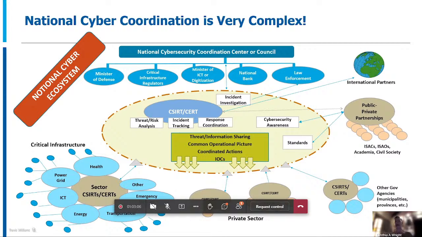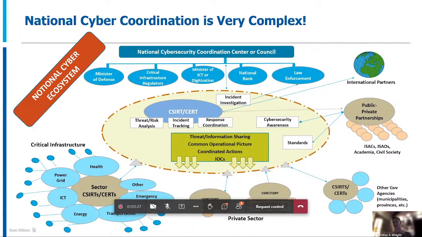Up at the top, we have some sort of a national cybersecurity coordination function, perhaps a center or council. That's an area where different ministries can come together. Down in the lower left-hand corner, we have different infrastructure sectors and their various sector CSERTs.